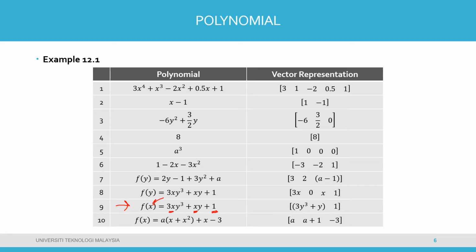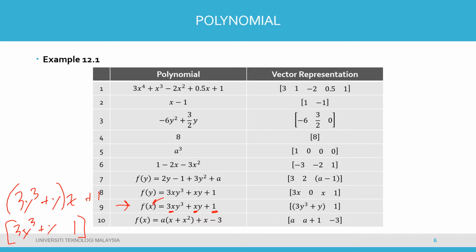So of course you group it together: 3y squared... plus y x and plus 1. So if you convert this, 3y cube plus y and 1. This is how you present the vector.